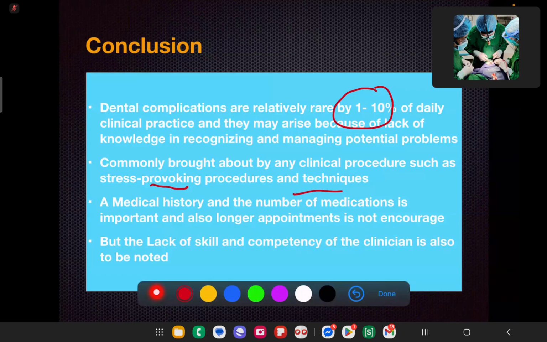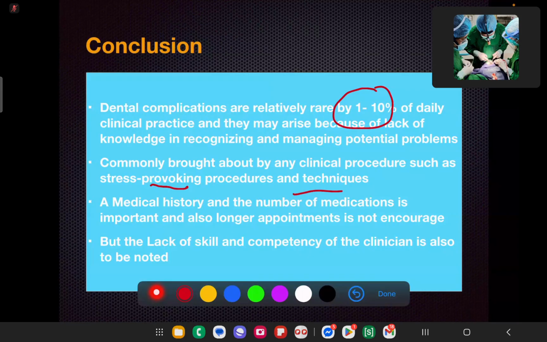Why? Because the dentist is tired and stressed, and the patient is agitated. So if you want full control of your surgeries, lessen your surgical time, improve your skill, and improve your attitude towards the surgical procedure.